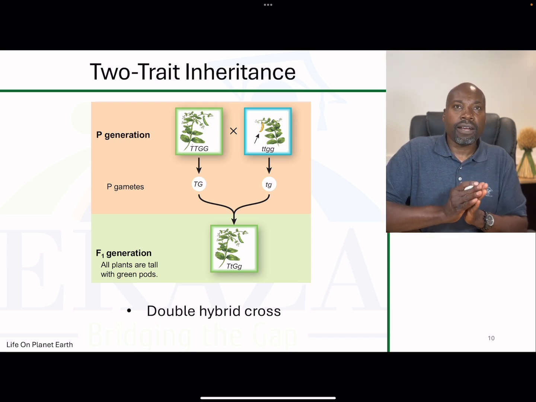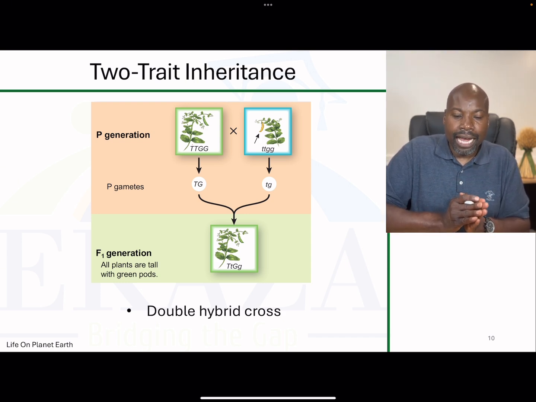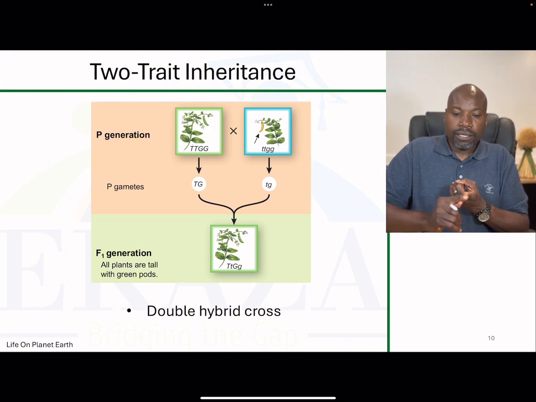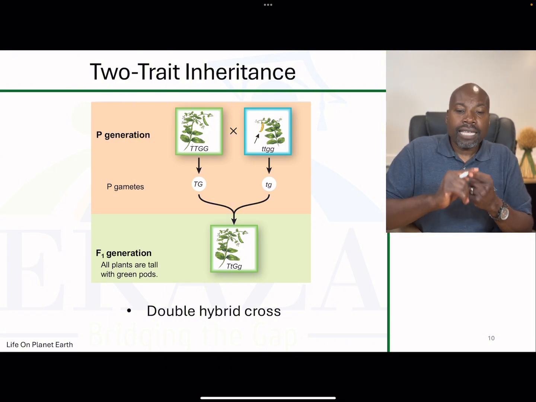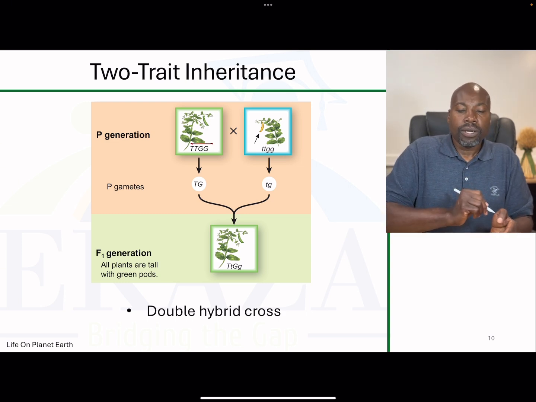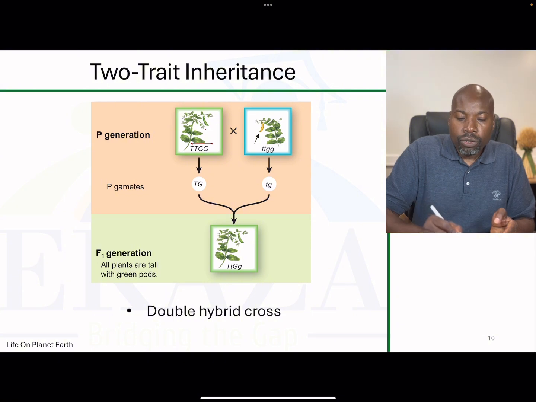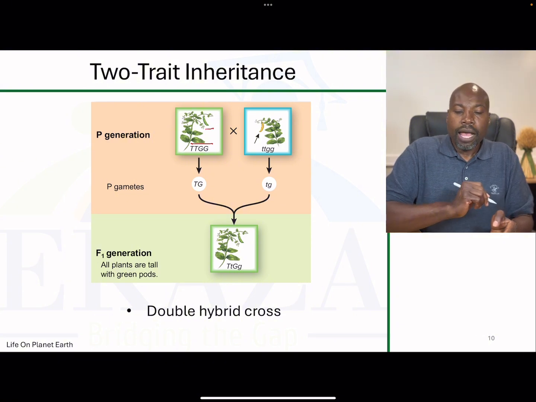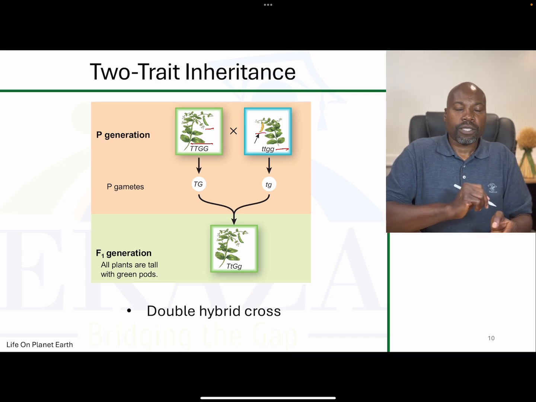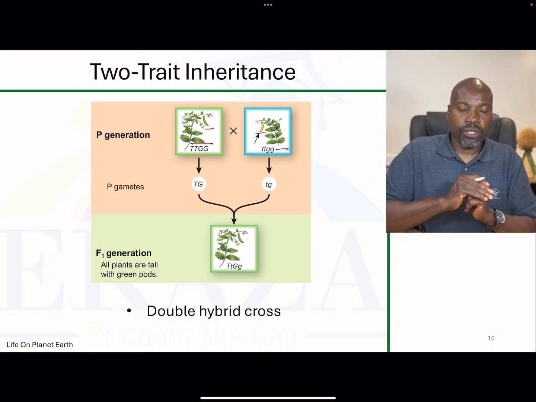In this particular instance on this slide, we are looking at the color of the pods and the size of the stem. Are the stems tall and the pods green? Are the stems short and the pods yellow? So we're looking at two features here.